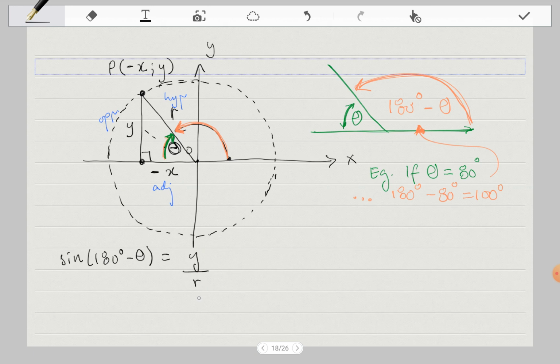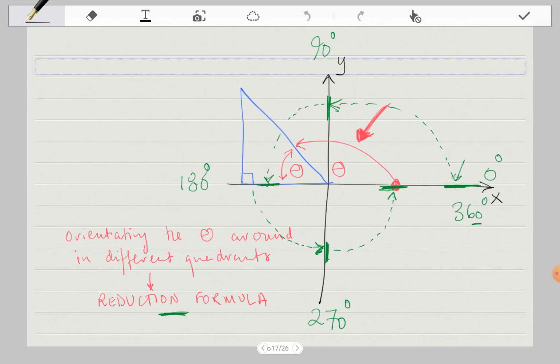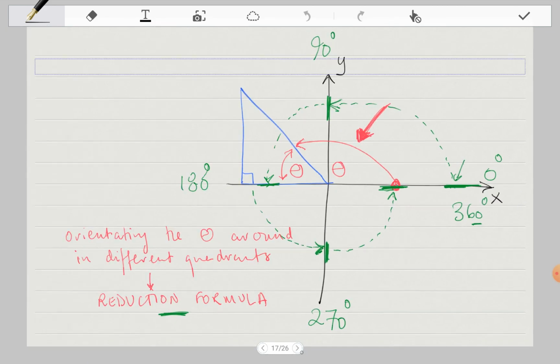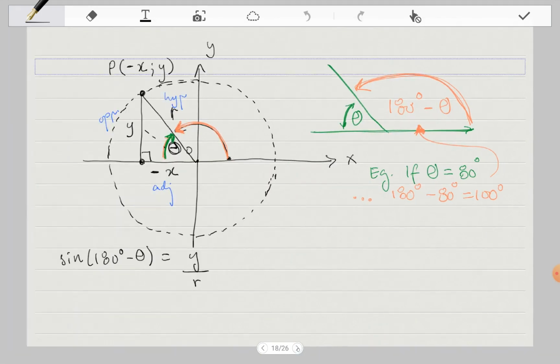If we look at the previous slide, that's the same thing as sine of theta. So sine of 180 degrees minus theta is equal to sine of theta, because it maintains the same ratio.